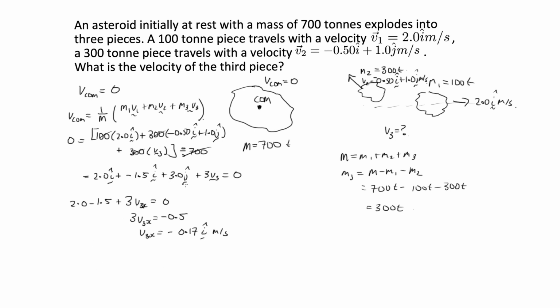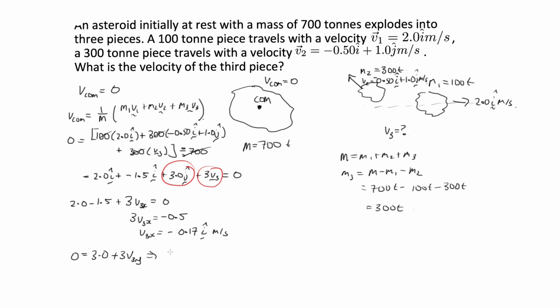Now I can look in the j direction, and in the j direction, I've got this vector and this vector. So those things need to give me 0. So I've got 0 is equal to 3 plus 3 times v3 in the y direction.